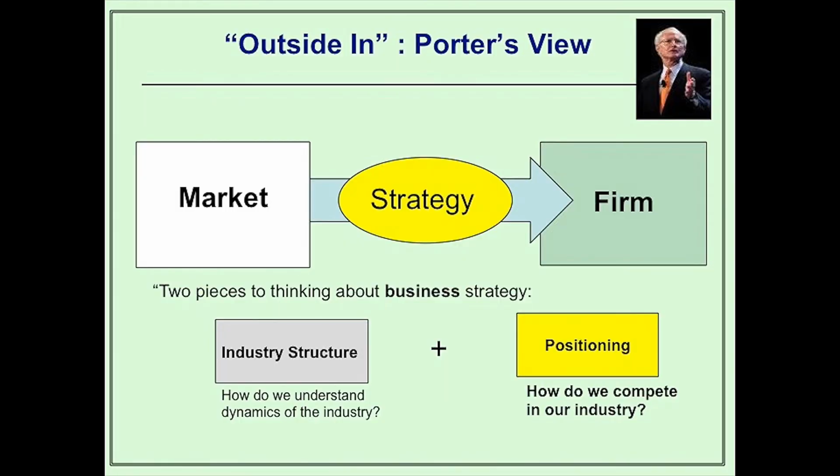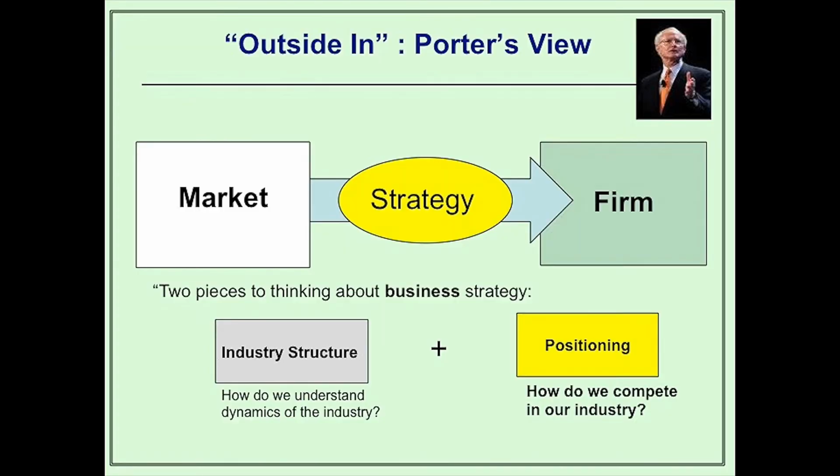Now in that, he says that there are two parts of strategy that are essential. Firstly, the firm has to understand its industry structure. Again, you remember we looked at the external environment, about ways in which you can look at that industry structure and how broader trends and issues in the macro environment would act through that industry structure to impact on the firm.